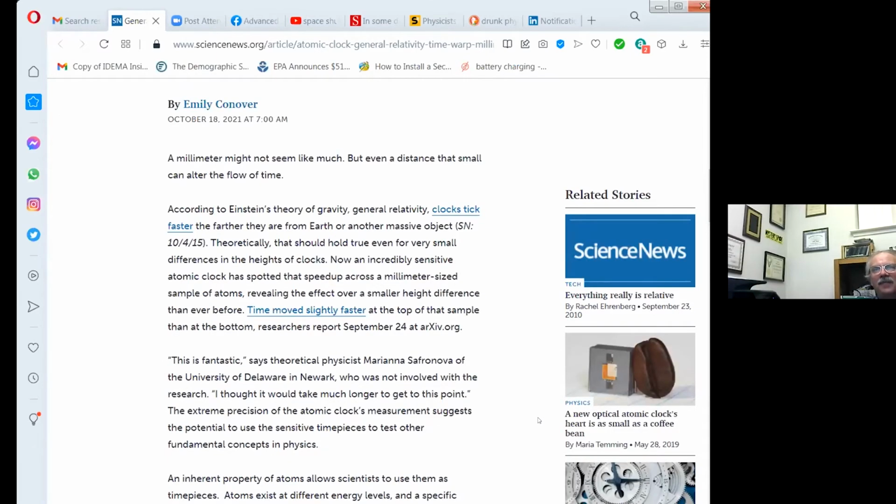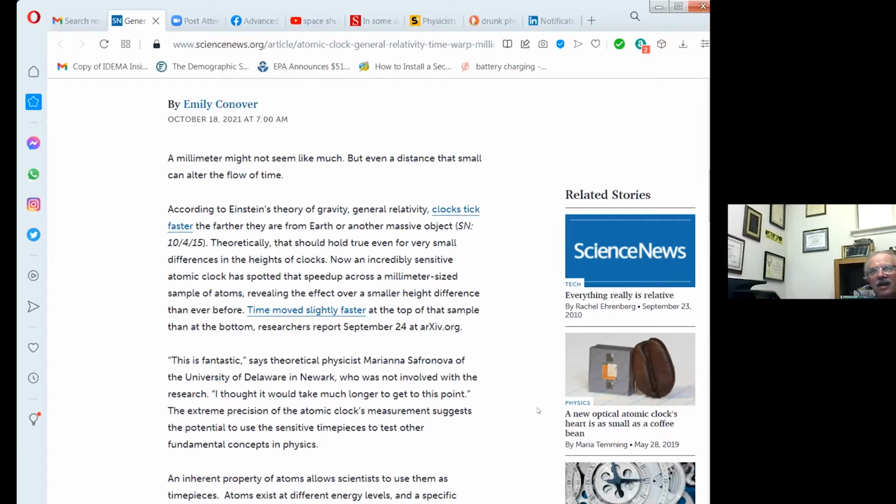A millimeter might not seem like much, but even a distance that small can alter the flow of time. According to Einstein's theory of gravity, general relativity, clocks tick faster the farther they are from Earth or another massive object. Theoretically, that should hold true even for very small differences in height.